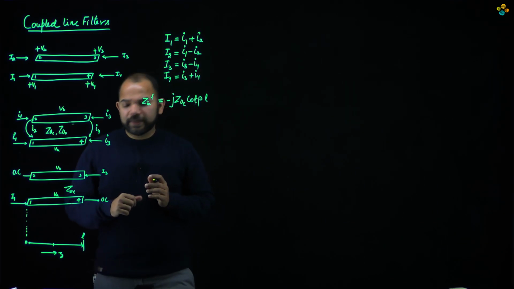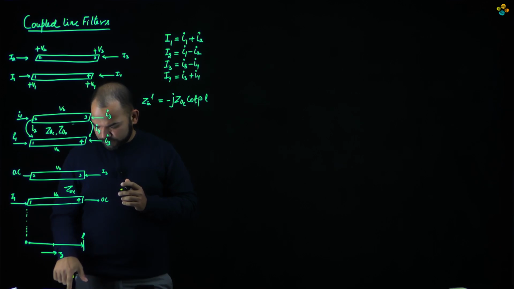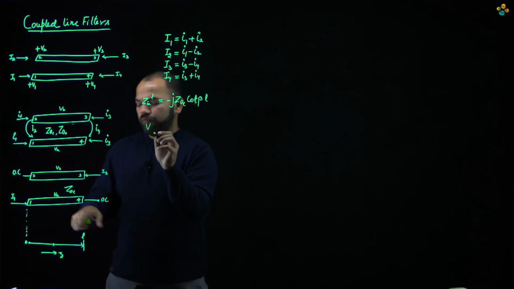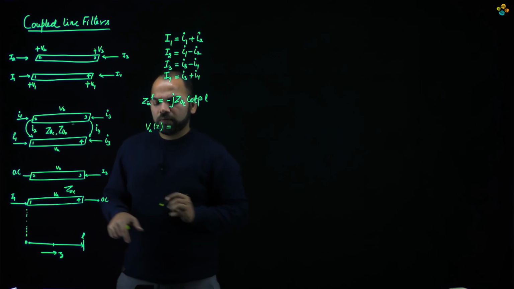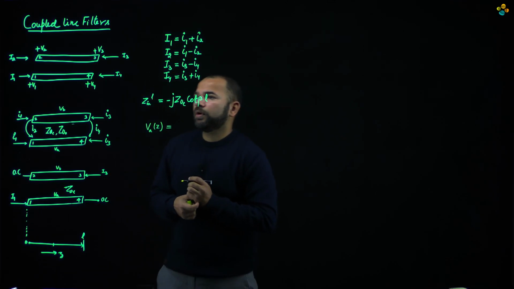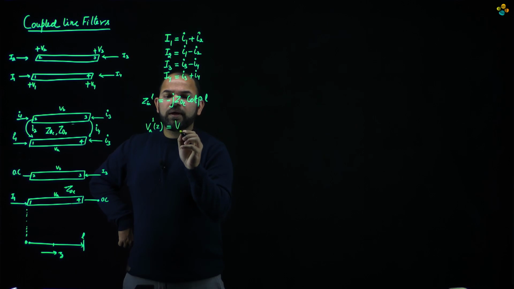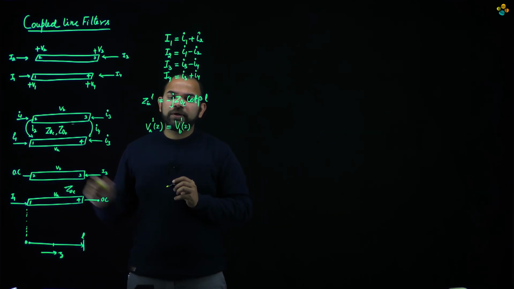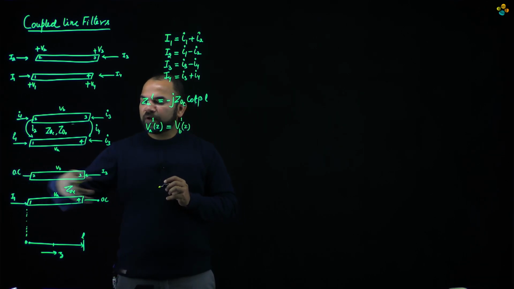Now if we want to analyze this a little bit more in terms of voltages, say the voltage at this line VA(z), if we want to say line 1, it would be the same as VB(z). Why? Because we are saying these two are in common mode. Common mode means they have the same excitation and the voltages vary in the same manner on the transmission line.